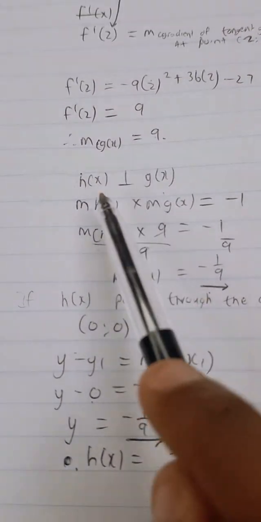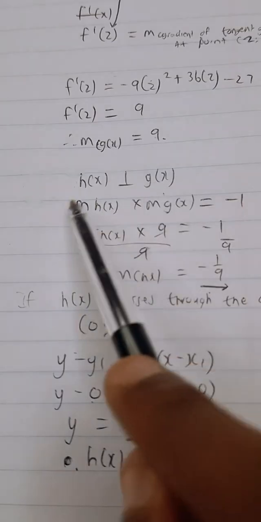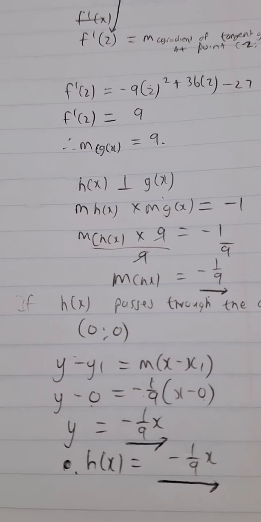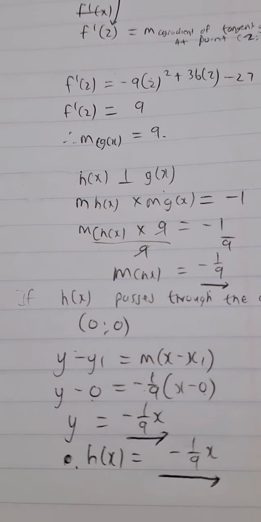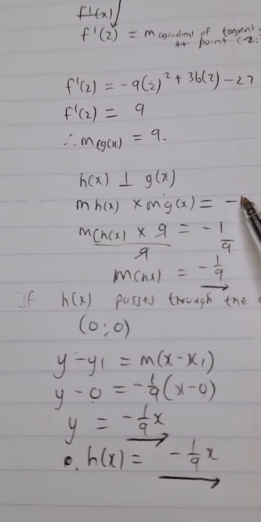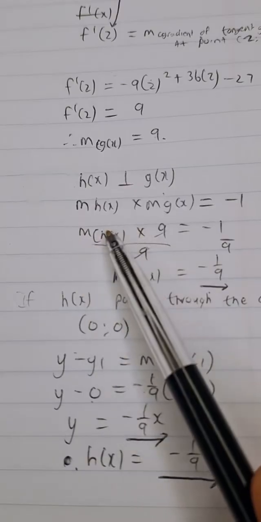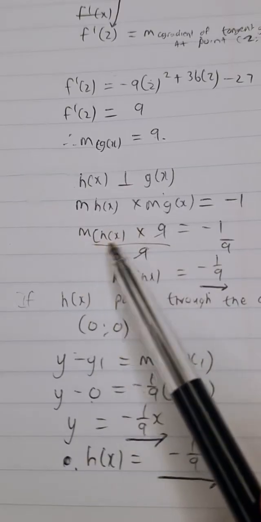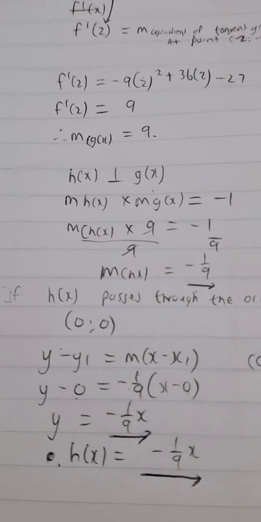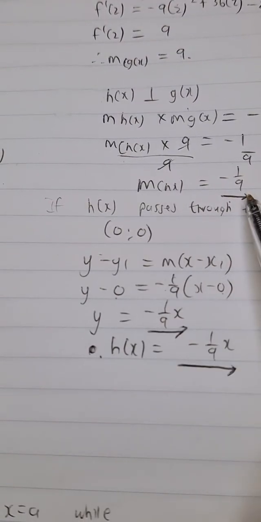Because we were told that g of x is perpendicular to h of x, we then summoned our conceptual understanding of two perpendicular lines, and that is the product of the gradients for two perpendicular lines is equal to -1. Knowing the gradient of g of x, which is 9, and multiplying it with the gradient of h of x, equating it to -1, we divided both sides by 9, and we got the gradient of h of x, which is -1/9.